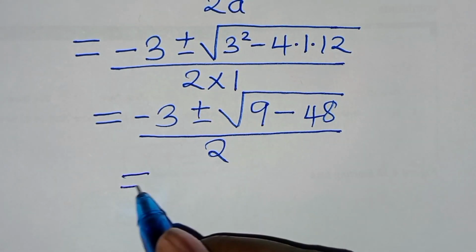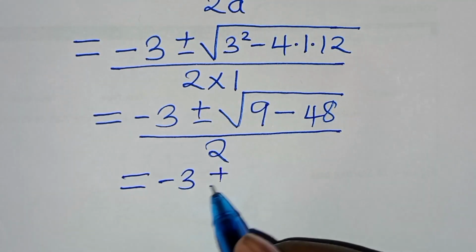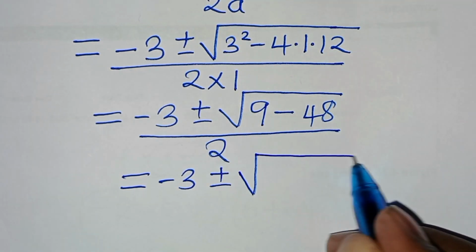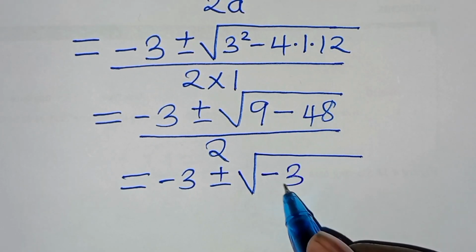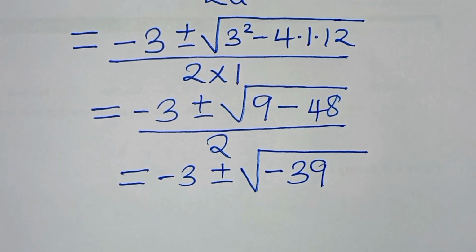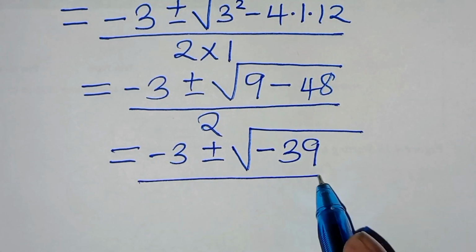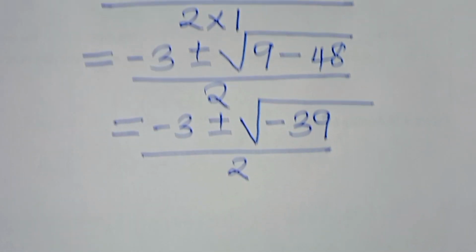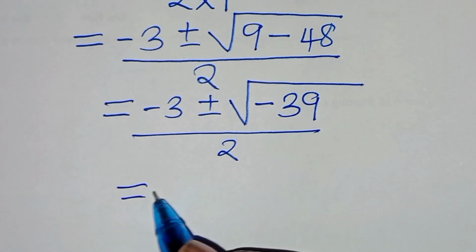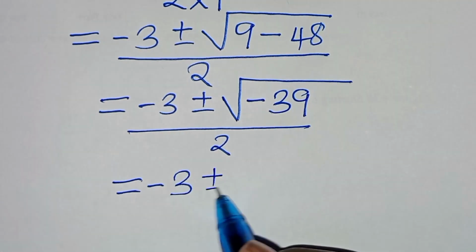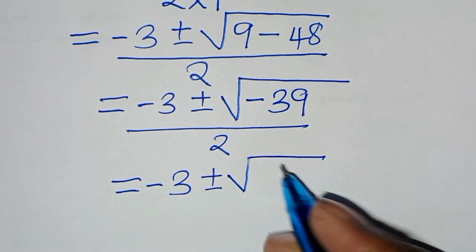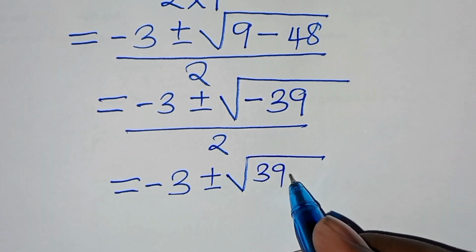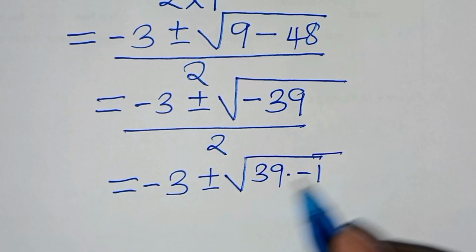So here we have minus 3 plus or minus the square root of 9 minus 48, this is minus 39, divided by 2. We can express the square root of minus 39 as 39 times minus 1.